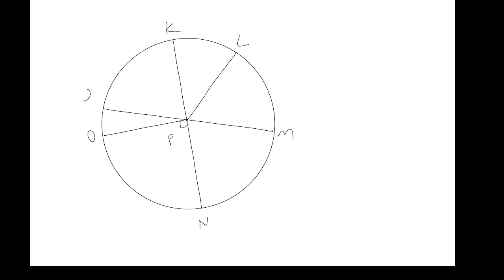So here are our givens. We have circle P. We have the measure of angle NPM, which is 46. Moreover, PL bisects angle KPM.